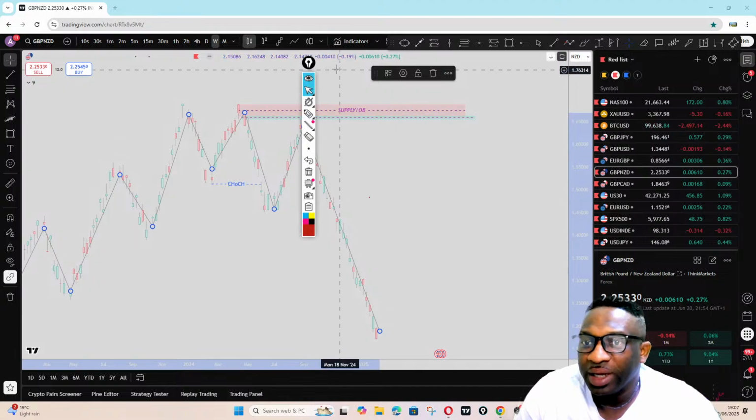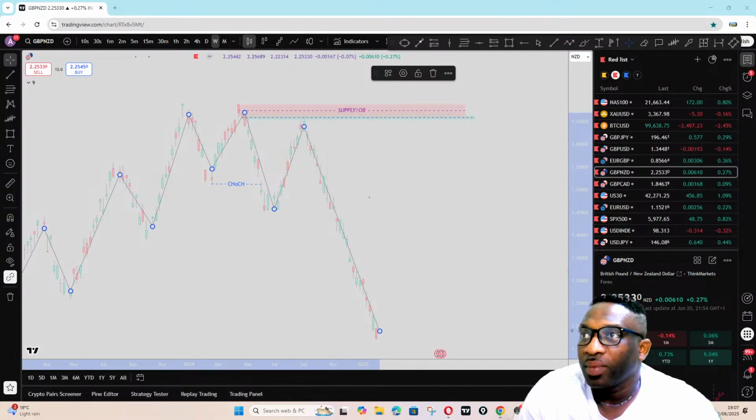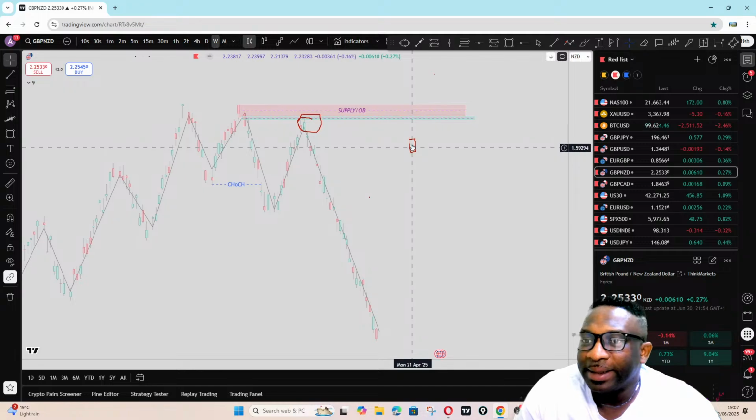An engulfing candle right here in this area of interest, or a topping tail bar from this area of interest. An engulfing candle basically is one candle here that is, let me change the color, that will make it better for understanding.